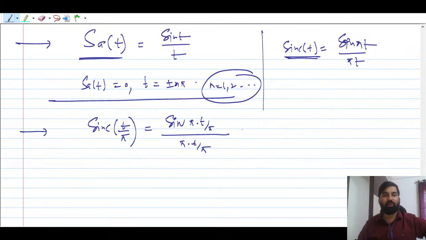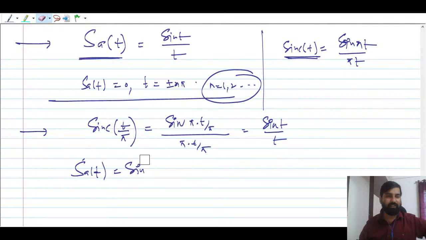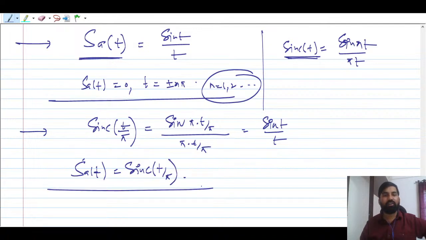So pi is gone, which is nothing but sine t by t. So you can say that SA of t is equal to sinc of t by pi. Simple relation, so you have to remember these points.